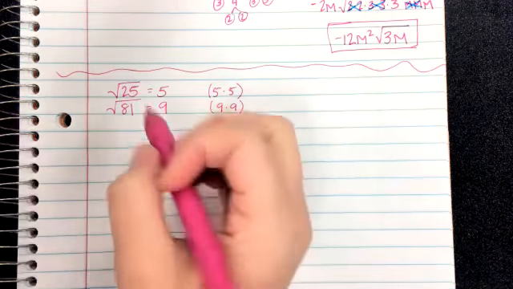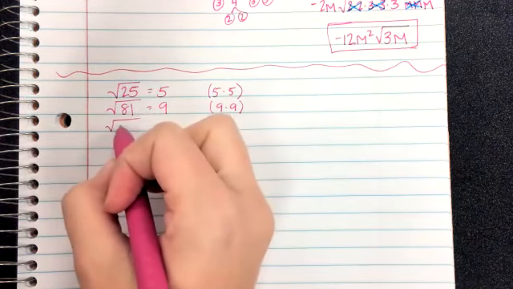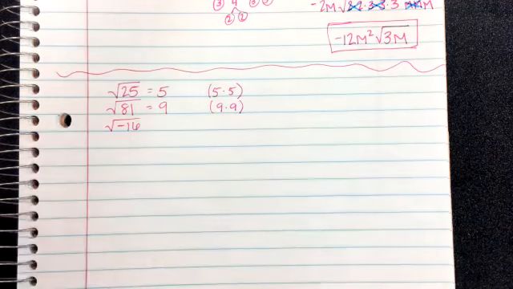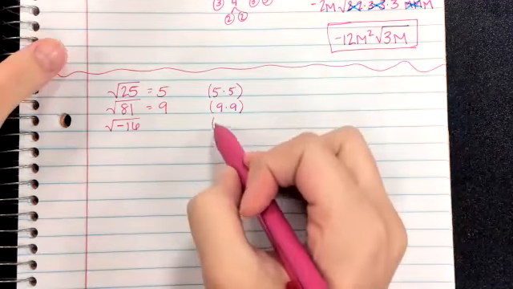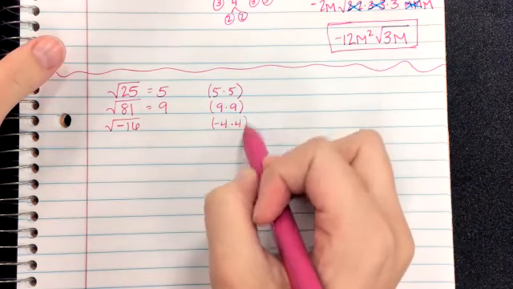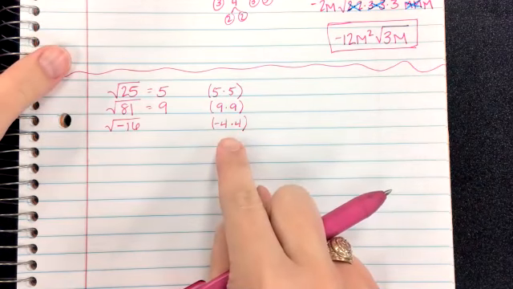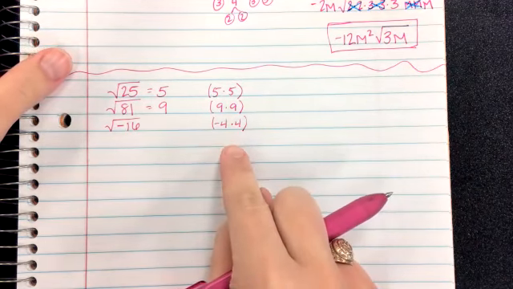So what if I give you the square root of -16? What does that equal? Obviously it'd be 8? So can I have a -4 and a +4? Are those exactly the same?